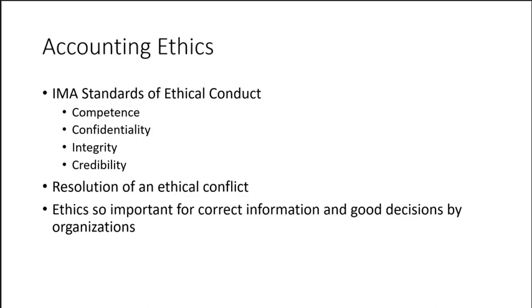That should be our place of going. We can consult attorneys. The Institute of Management Accountants provides a place you can call in and actually talk through various ethical decisions. So ethics is so important for getting the correct information and good decisions by organizations. I can't emphasize that enough.